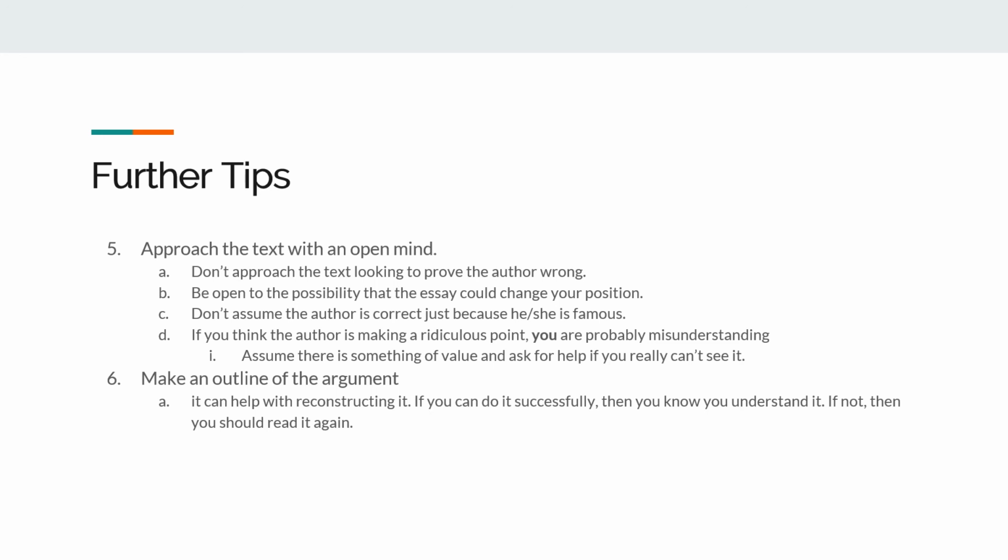If you follow these tips and this process, you will be reading incredibly actively, and it's going to be not only time consuming, but it's going to consume a lot of your energy. That's how you know you are doing it well.